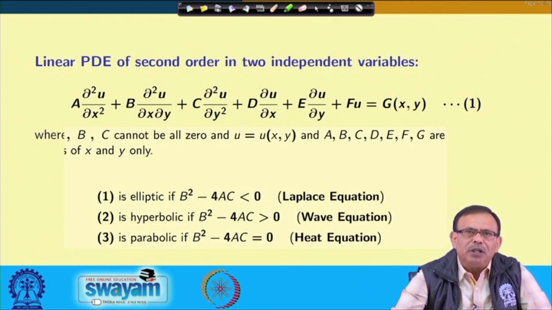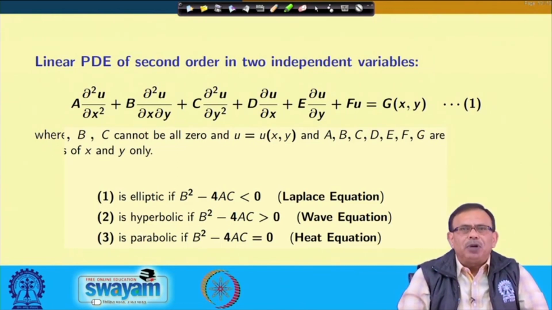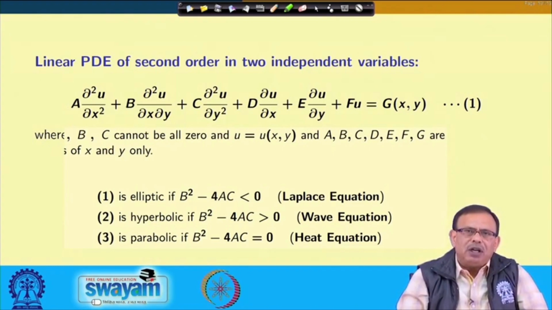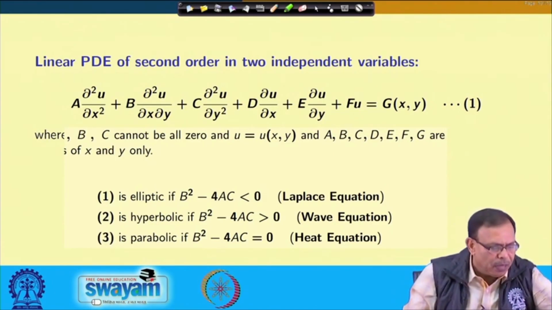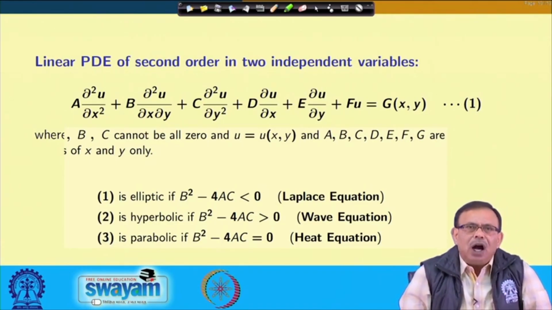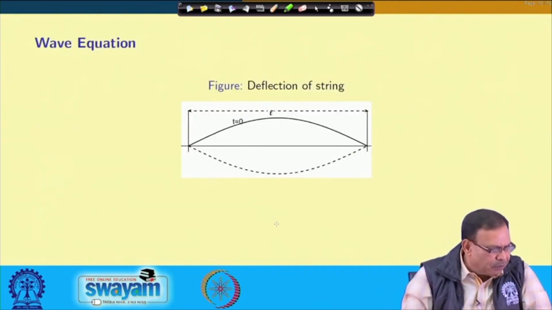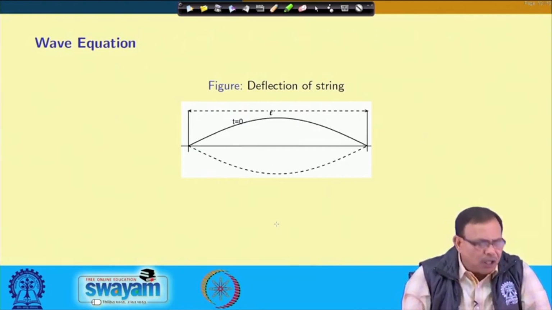It is elliptic if b square minus 4ac is less than 0, which we call the Laplace equation; hyperbolic if b square minus 4ac is greater than 0, which we call the wave equation; and parabolic if b square minus 4ac equals 0, which we call the heat equation. Let me explain these terms a little bit.